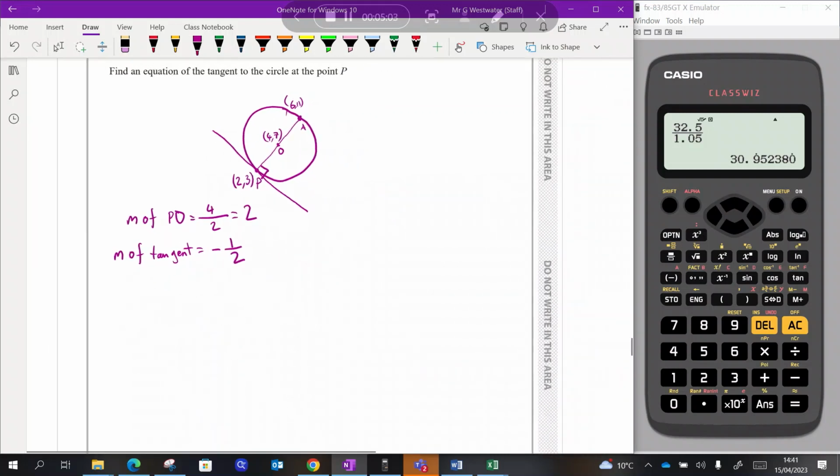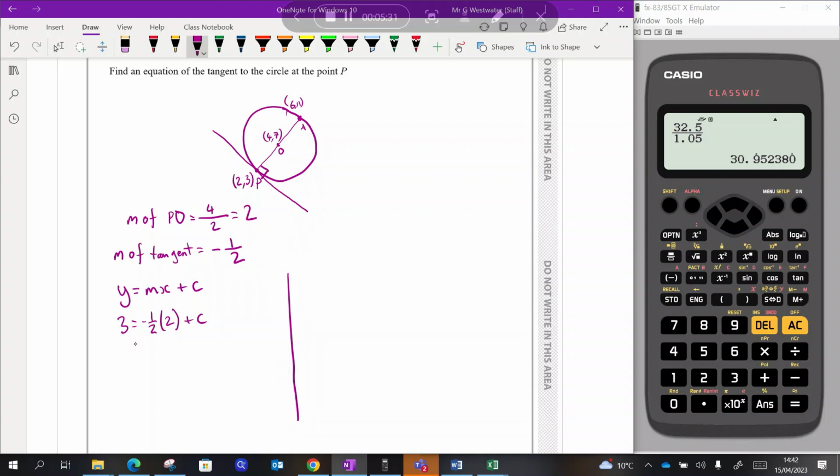And if we are working out the equation of it, there's two ways of doing this. We can either say y equals mx plus c, because that's the equation that it's got to be in, and plug in some values. So a y coordinate 3 equals minus a half gradient times your x coordinate 2 plus c, to work out what our y-intercept is going to end up being.